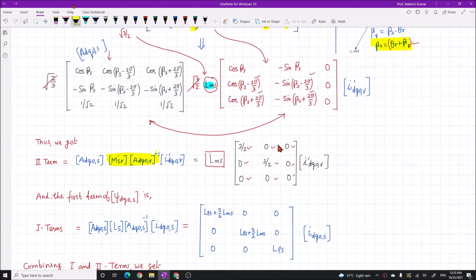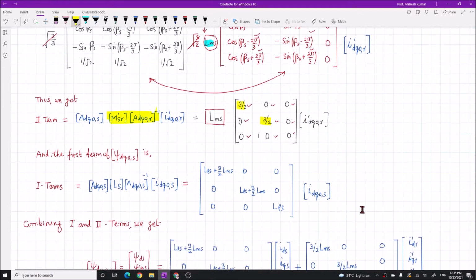This is very interesting, that although these are full of elements, when we multiply, we will get a constant matrix with only diagonal elements in the first and second row. So this is the first row, second row. Other elements are 0. Very simplified result.